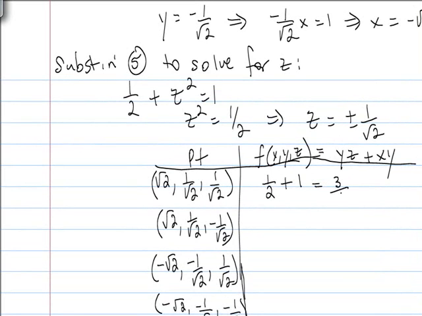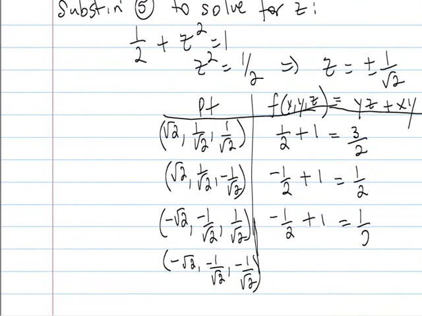That's 3 halves. Yz is minus a half plus xy 1, which is a half. Yz is minus a half plus xy, that's plus 1, that's a half. Yz is a half plus xy, which is 1, which is 3 halves.